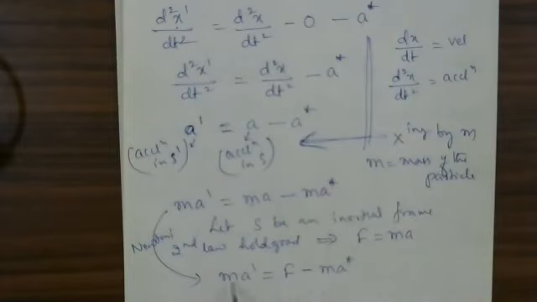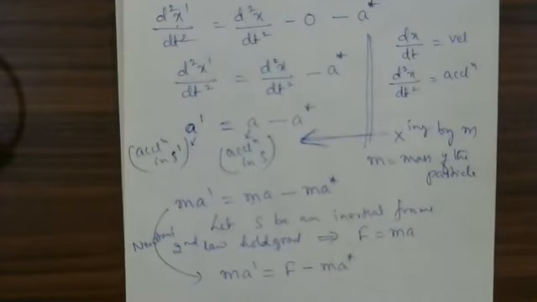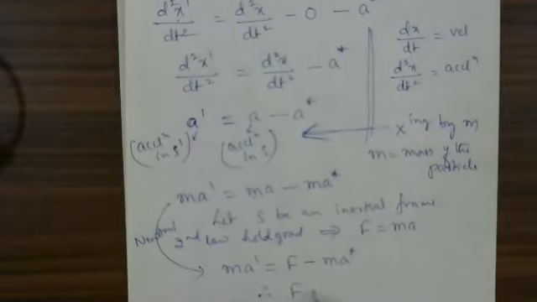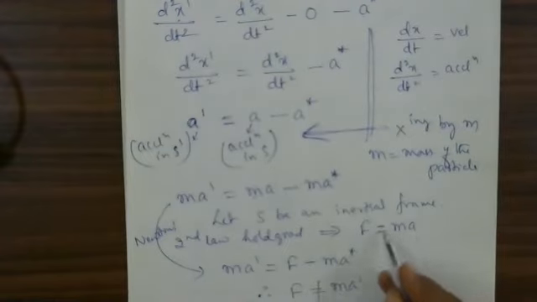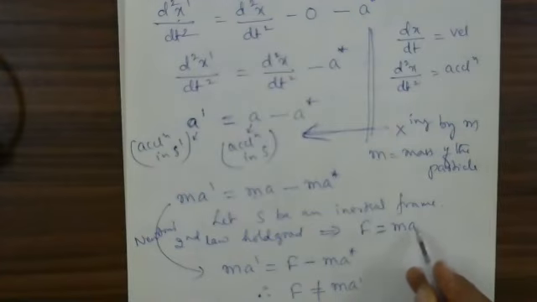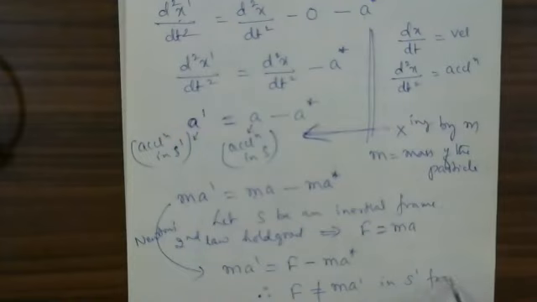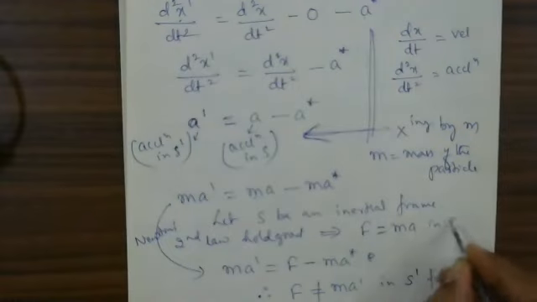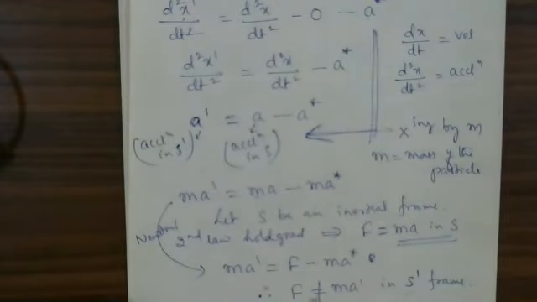Therefore, F is not equal to ma dash. Something else is also present here. But F is equal to ma holds good for S. For S dash, F is not equal to ma dash.